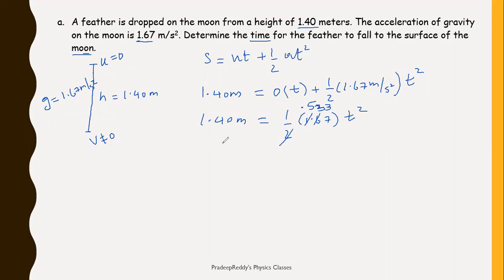That is, 1.40 divided by, I am rounding it off to nearly 0.5, is equal to t square. Now time taken t will be equal to under root 1.40 divided by 0.5 second. This is the final equation for time taken.